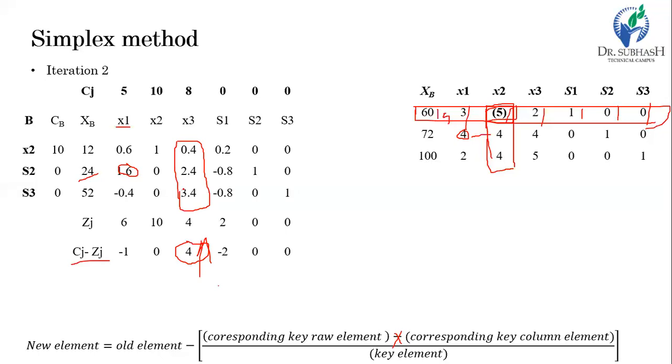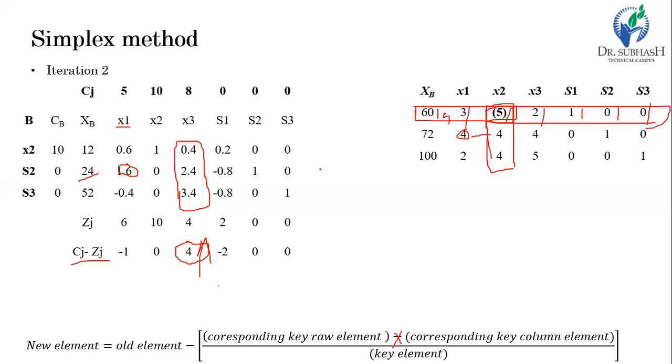And after considering this key column, we have to consider the outgoing variable which will leave the solution in the next table. For that, consider the minimum positive ratio, which is nothing but the ratio of this xb divided by the element of the key column. So here 12 by 0.4, 24 by 2.4, and 52 by 3.4.